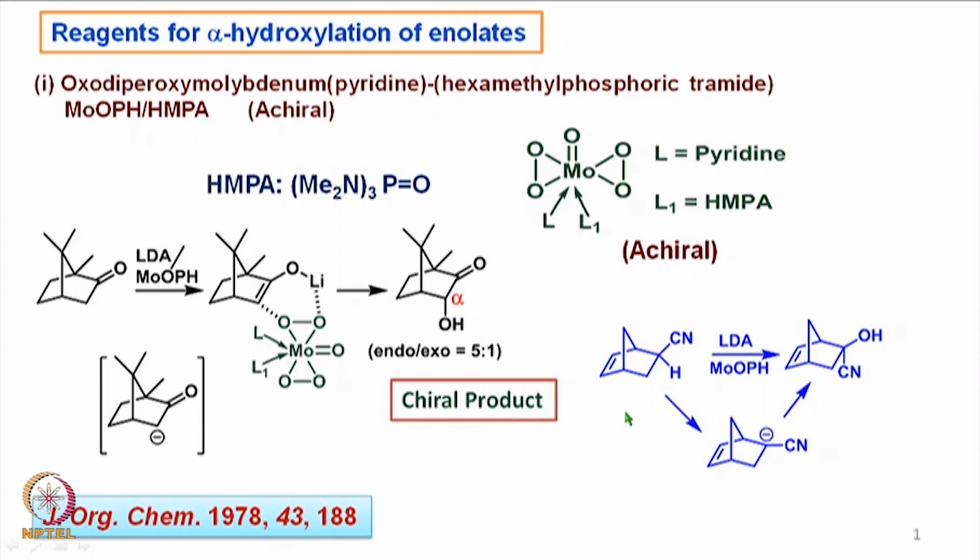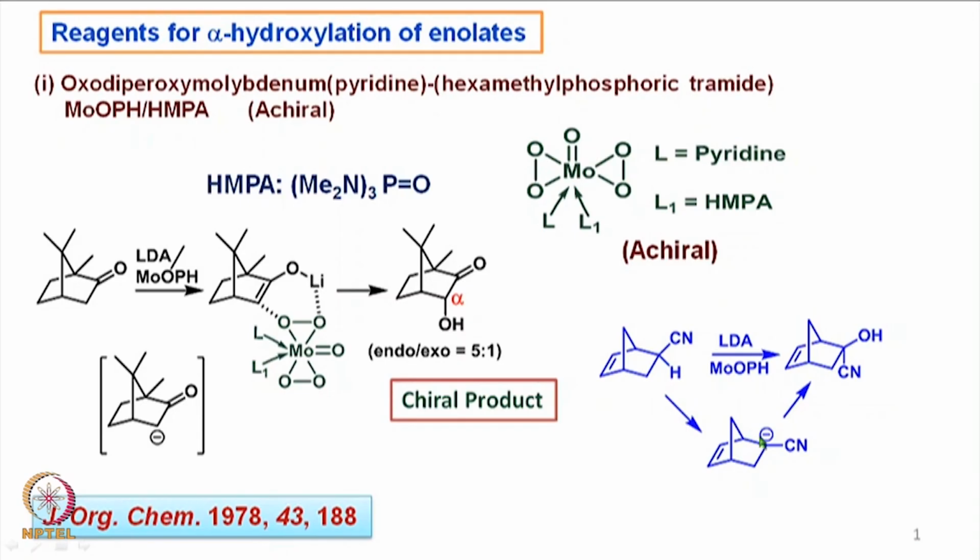Now, in a similar fashion, if instead of a ketone we take a cyano compound of this kind, in which there is no steric hindrance from the top side, that means the exo side is sterically unhindered, then if we do the deprotonation with LDA and react with the same molybdenum based oxidizing agent MoOPH, we get the anion of this type after the deprotonation alpha to the cyano group.